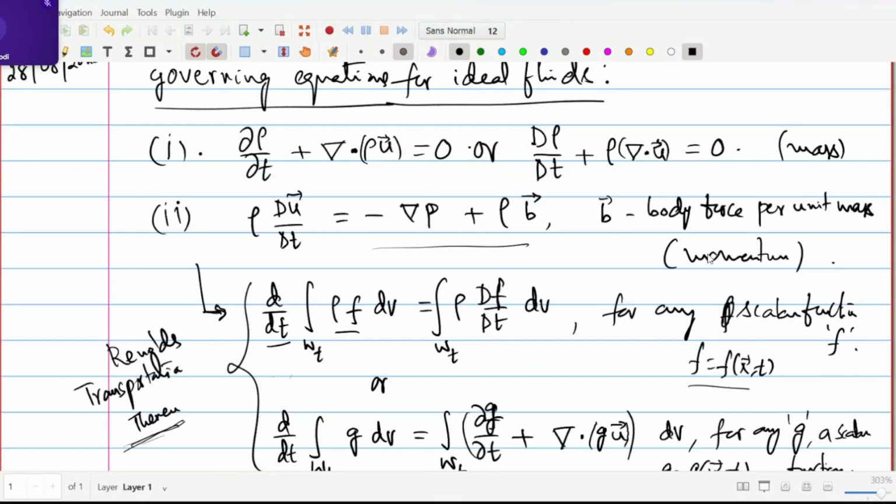So in total there are five unknowns, rho, p, u, v, w, but only four equations: three here and one here. So you need another equation to solve this, isn't it?